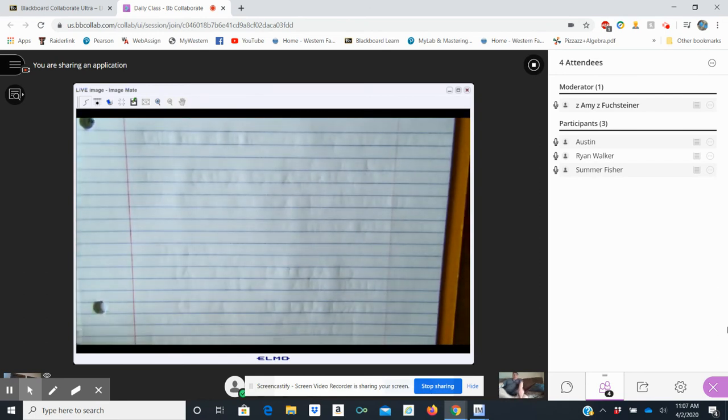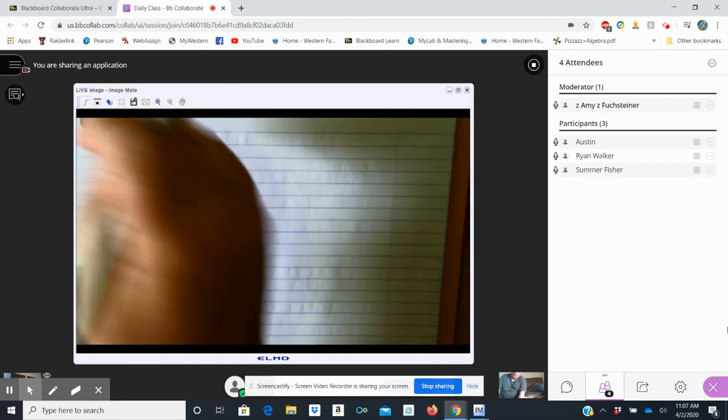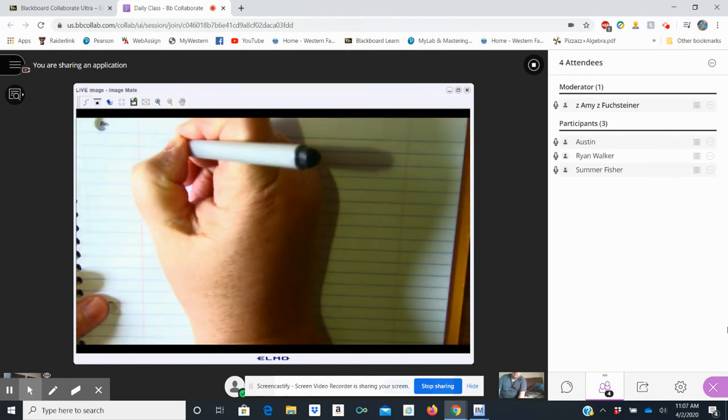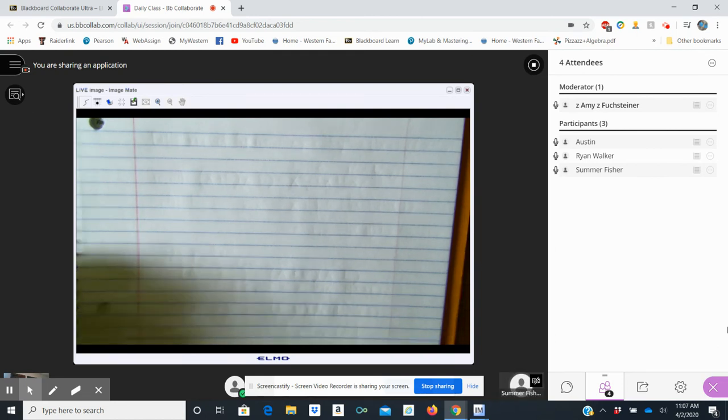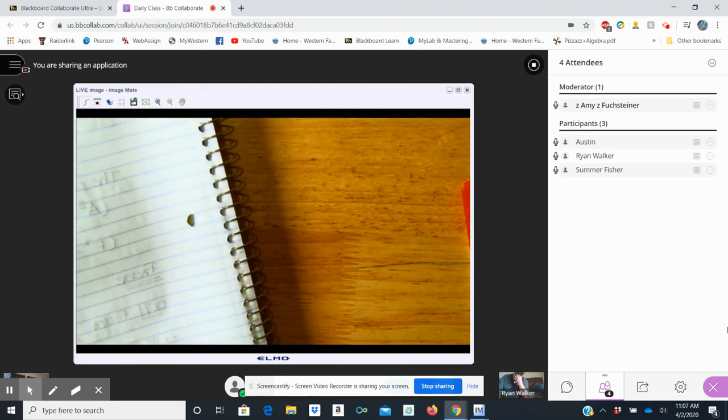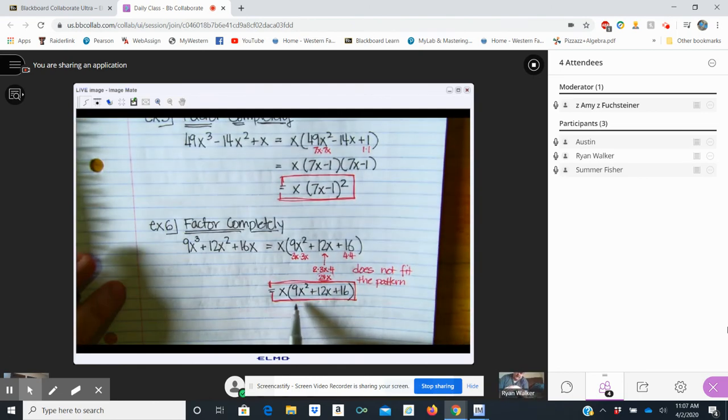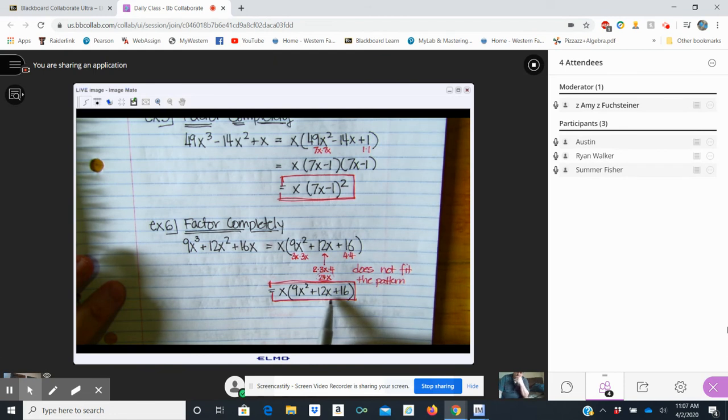On that last one you're showing, if you're just trying to factor it, can you do it two ways? Can you use both of the two things we've learned to factor?